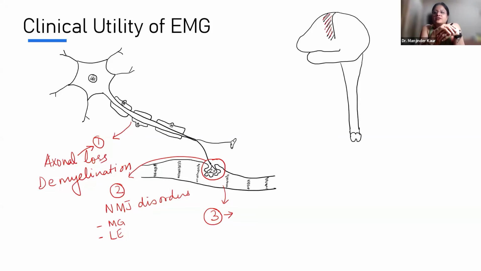You will not do EMG for botulinum toxin. Duchenne's, very good. Duchenne's muscular dystrophy, Becker's dystrophy, but yes, Duchenne's is there. So any type of muscular dystrophy where the muscle is damaged is your muscular cause. That is the myopathic cause.